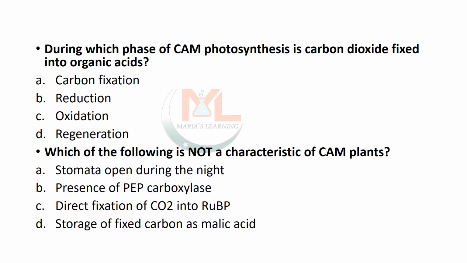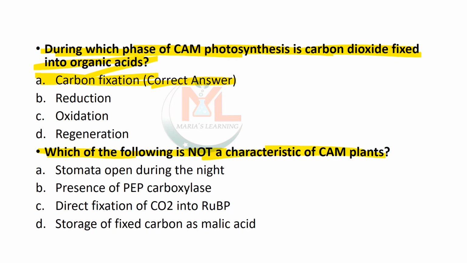Next question is during which phase of CAM photosynthesis is carbon dioxide fixed into organic acid? And the right answer is option A, carbon fixation. Next question is which of the following is not characteristic of CAM plants?